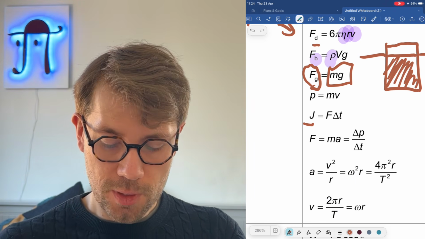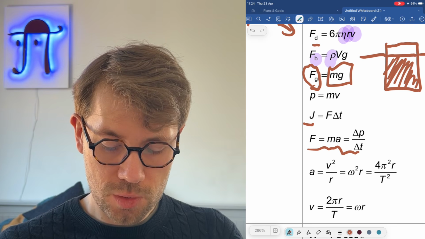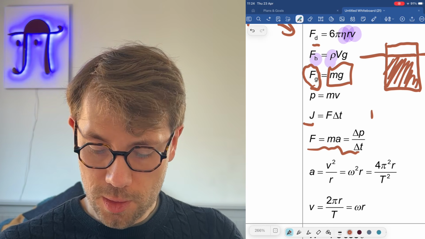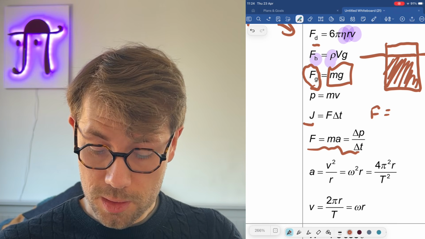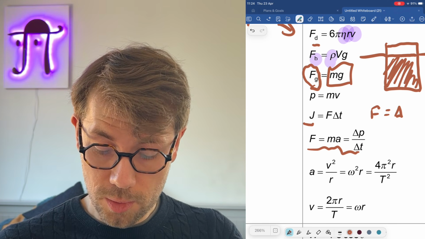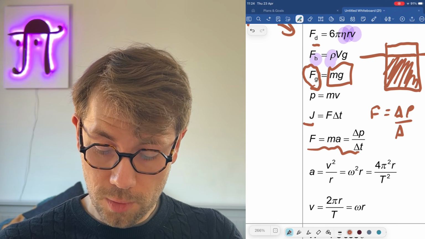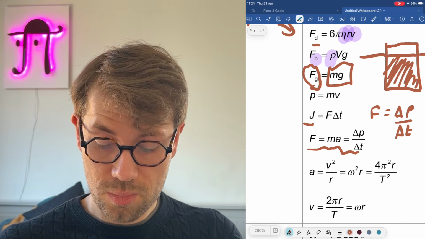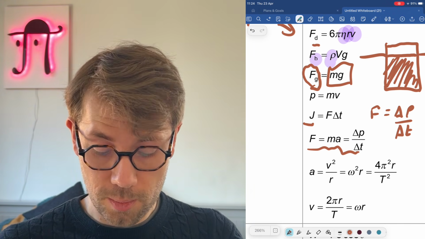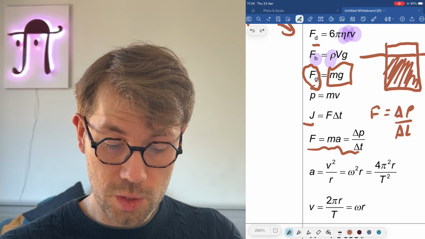Yeah, because if we look at this equation just below it, we can rearrange the left hand part and the right hand part. F is equal to change in momentum over change in time. I can take that change in time over to the other side by multiplying both sides by change in time.